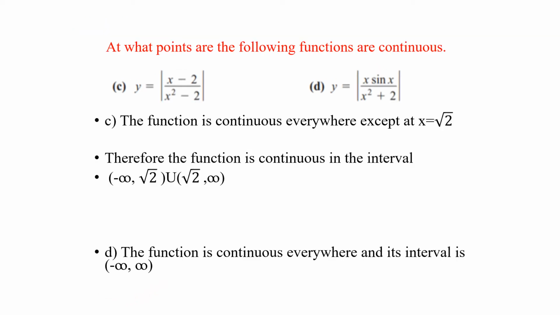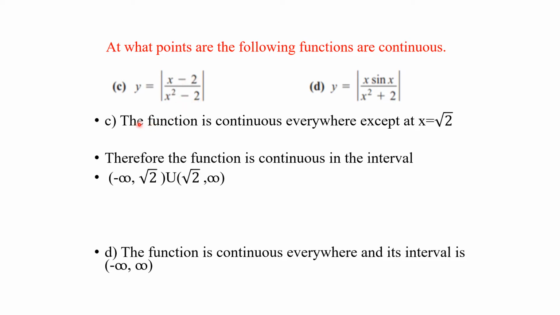Continue to investigate functions for the portions of the functions that are continuous. Here, the same question: at which points are the following functions continuous? A, y equal to the absolute value of the ratio between x minus 2 and x squared minus 2.